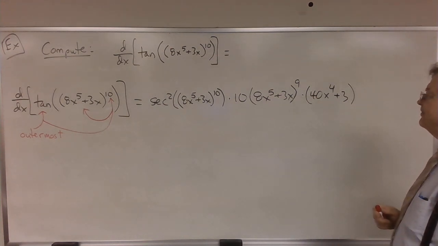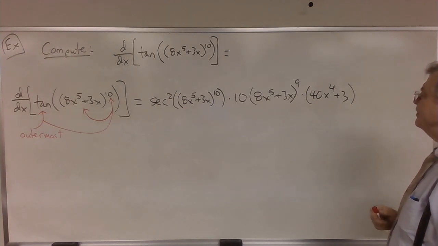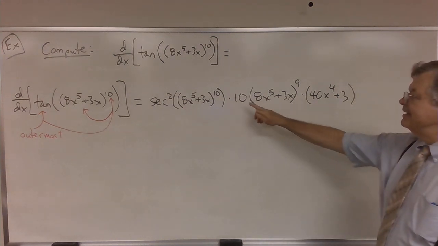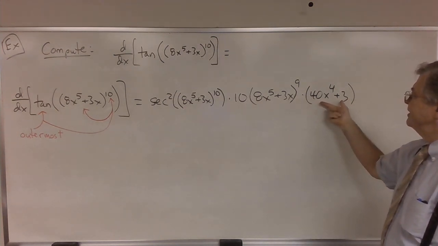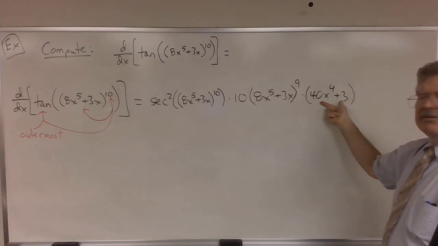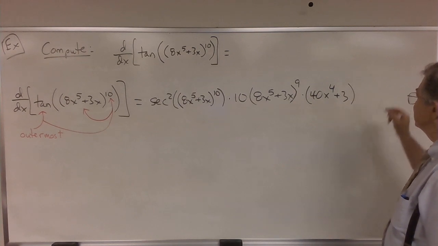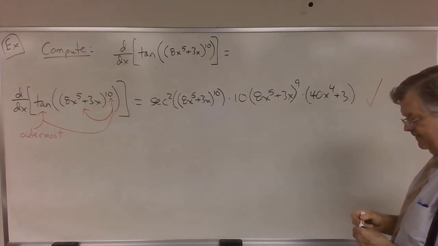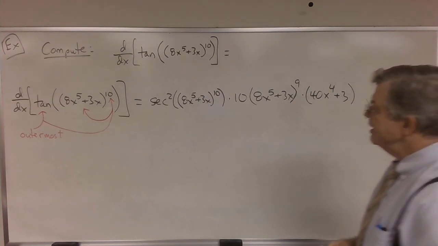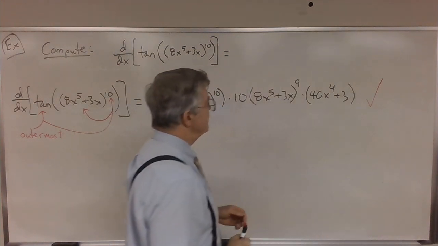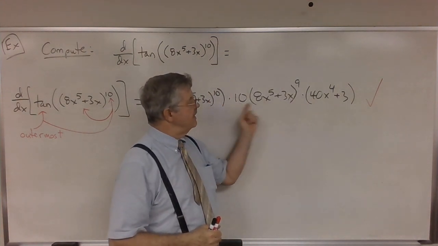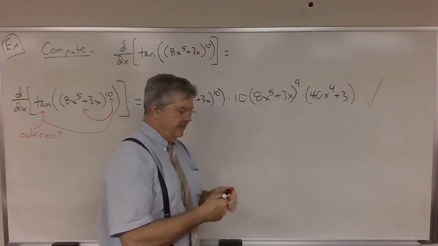Now, can we simplify this at all? Well, maybe we can take this 10 and distribute it to that factor. Now, if I'm doing this on a test, I might just leave it like this. If I want to tidy it up at all, about all I can do is take this 10 and distribute it to that factor.